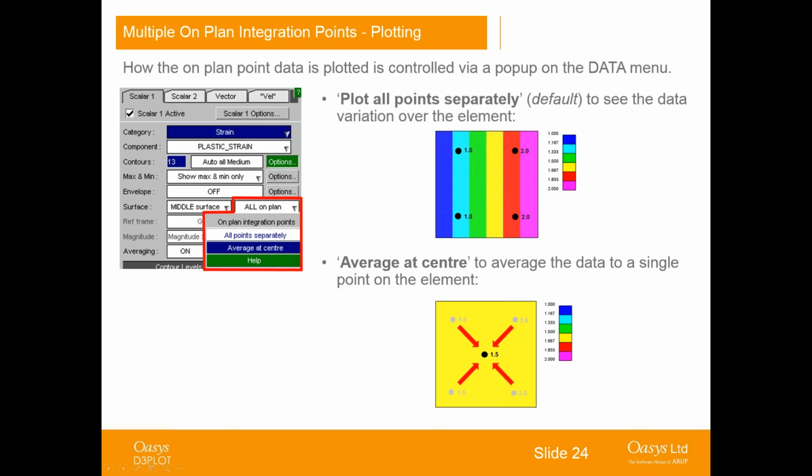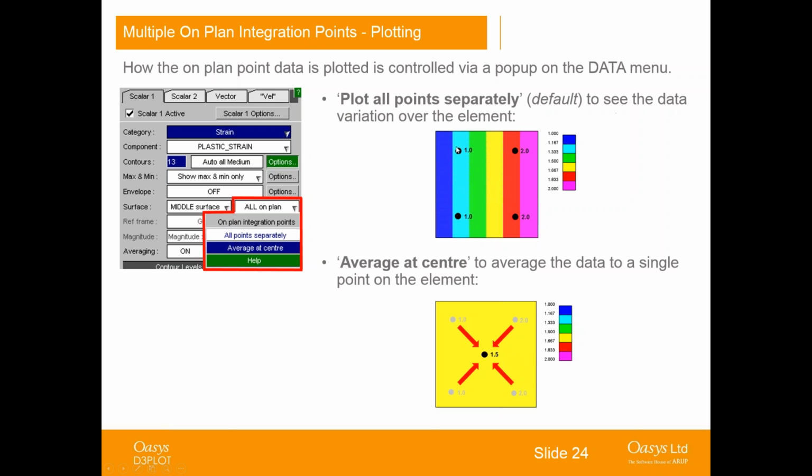Okay, let's have an example of how this would work. The data point is plotted and it's controlled via a pop-up on the data menu. So this menu here on the left is the data menu. We can plot all points separately, and that is the default.